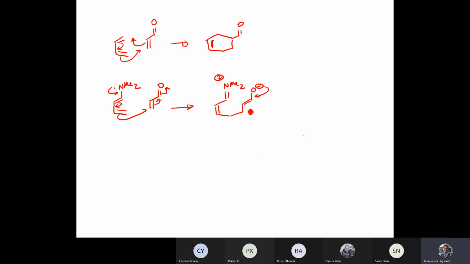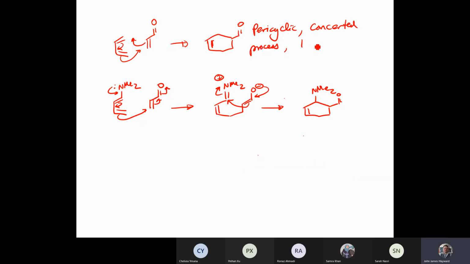And then the enolate actually does a Mannich reaction like that. So it looks like it's done the same kind of reaction between these two, but the top one is pericyclic. It's a concerted process. One step, cyclic transition state.